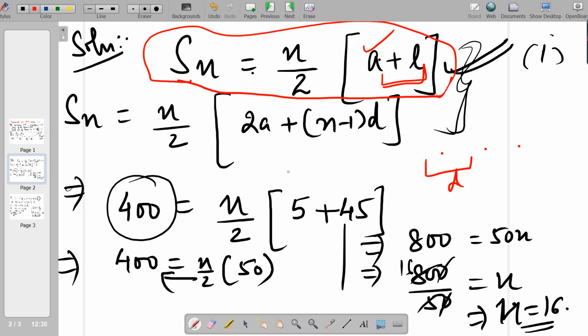This type of series based questions you will find there. So if your fundamentals are clear at this level, then you can utilize it in any other exams as well.